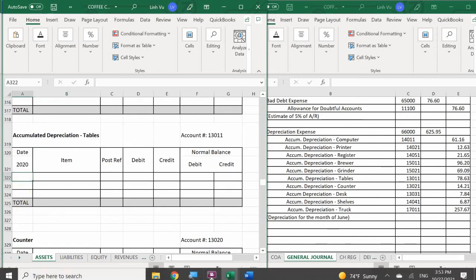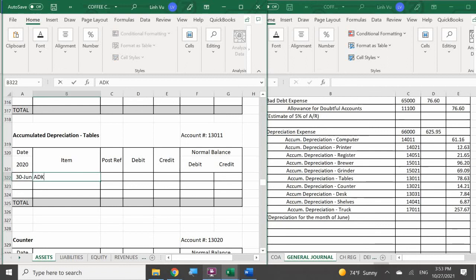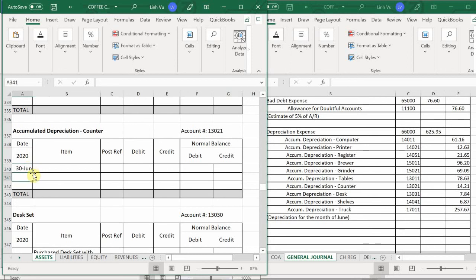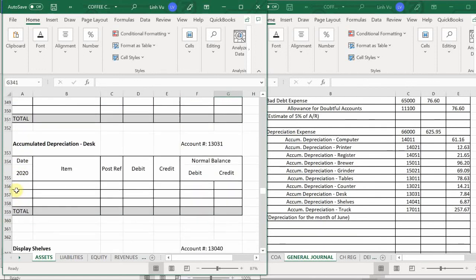Depreciation tables. 78 and 63 cents. Is 1421. 784.